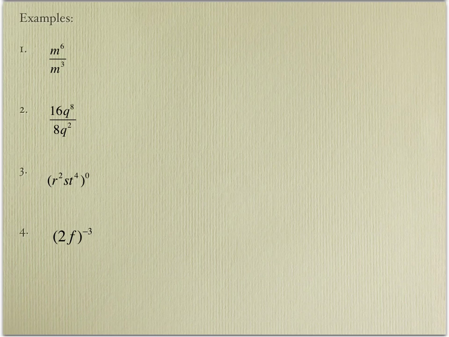Now maybe here's a helpful thing for me to write down why the answer would be what it is. Let's try that. Okay, so if I write down 6 m's, that's lots of m&m's, right? So there's 6 of them there, and then on the bottom I have 3 of them.